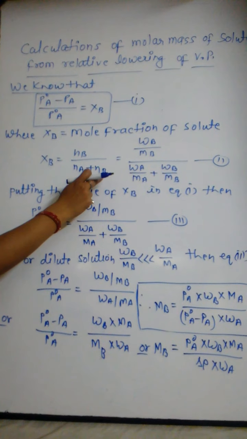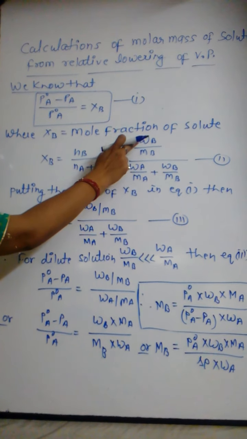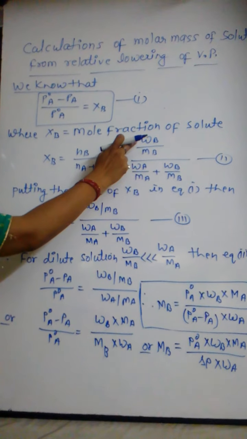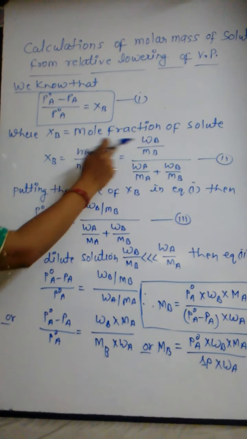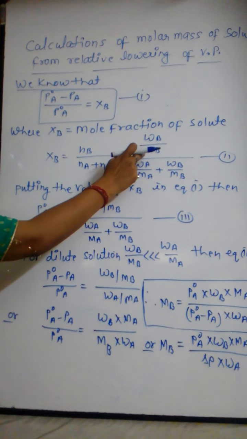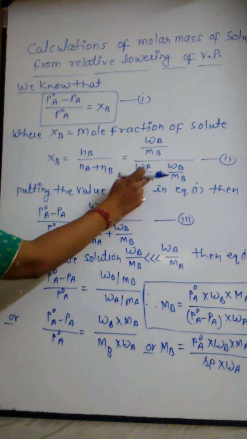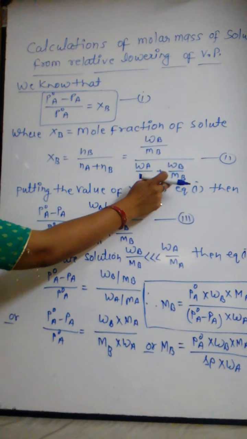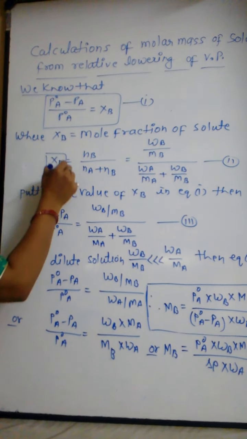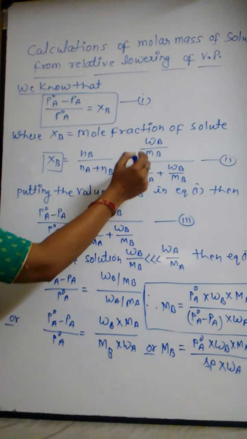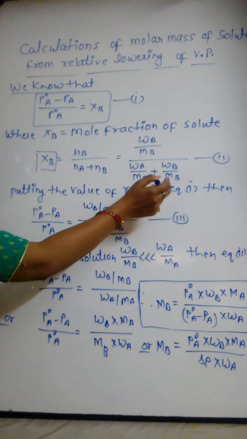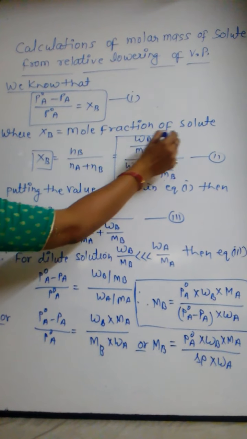The number of moles equals weight upon molecular mass. So NB equals mass of the solute upon its molecular mass, and NA equals mass of the solvent upon its molecular mass. So the XB value is (WB upon MB) upon (WA upon MA plus WB upon MB). It is the value of XB.